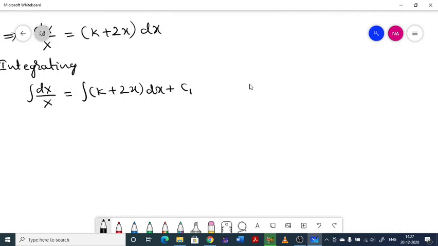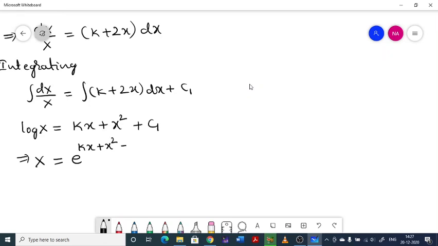Now integrating this, we'll get log capital X equal to kx plus integral of 2x, that is 2 into x square by 2, we'll get x square plus c1. So from this, taking exponential on both sides, capital X equal to e power kx plus x square plus c1.